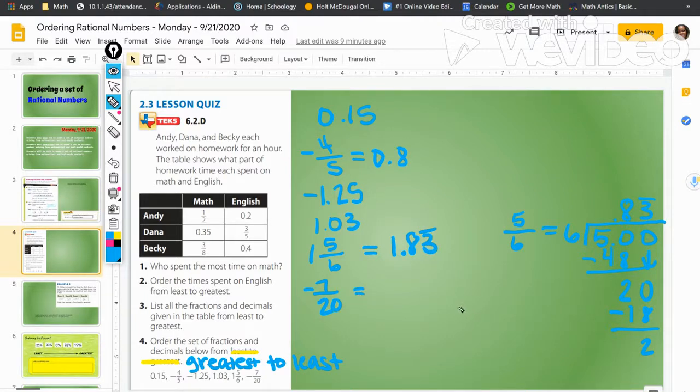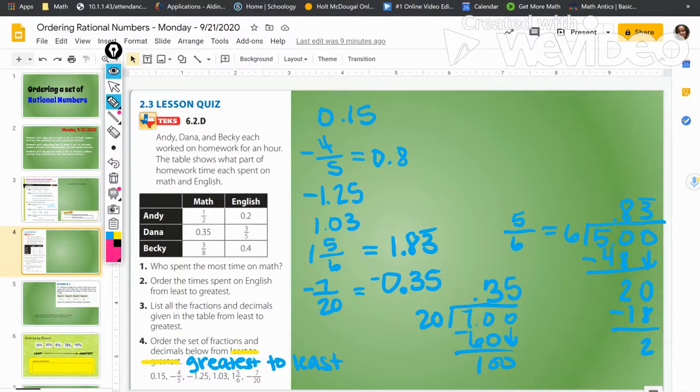Negative 7/20, 7 divided by 20. Minus 60. Bring my 0 down. Negative 35 hundredths. Do not forget about your negative sign. Your negative sign is very important. And your negative sign goes in front of the number.